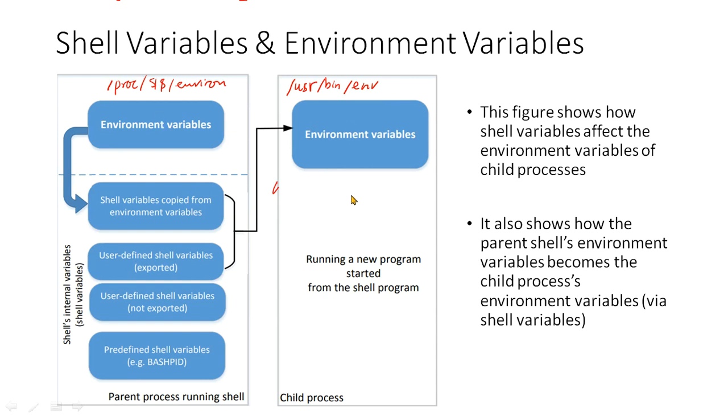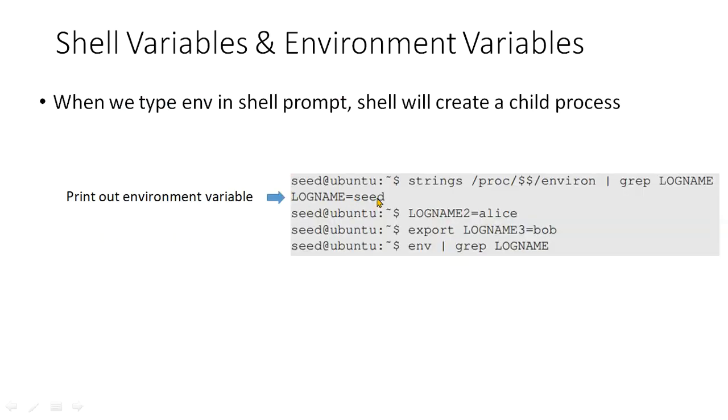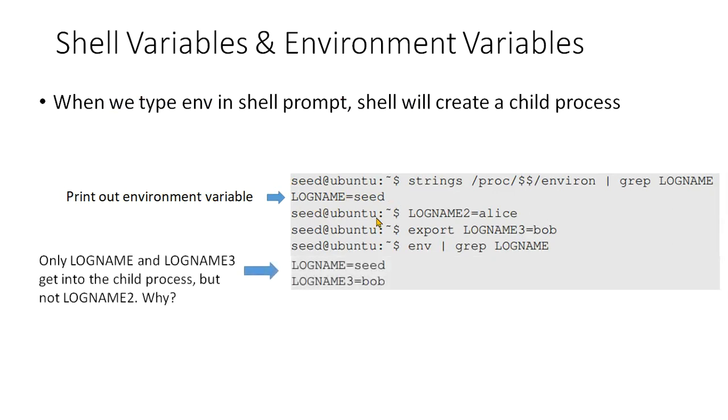Okay, so Sid. Log name Sid here is an environment variable of the parent process, so it should be inherited by the child process as well. And among these 2 shell variables, log name 2 is not exported, while log name 3 is. So log name 3 is exported.